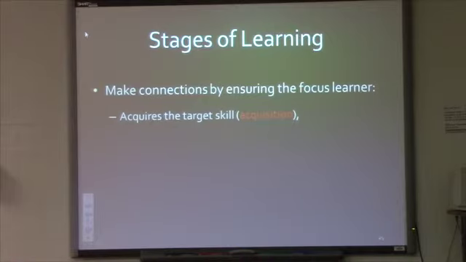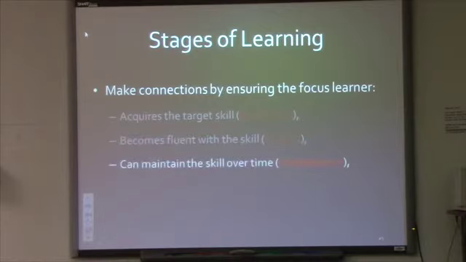So when you are trying to focus on these lesson objectives and you are focusing on what the learning target is for the student or for the learner, focused learner, they have to acquire the skill. So there's like a basic level, right? So that's acquisition. They have to become fluent with the skill. They have to practice it enough to be able to do it well and with accuracy.